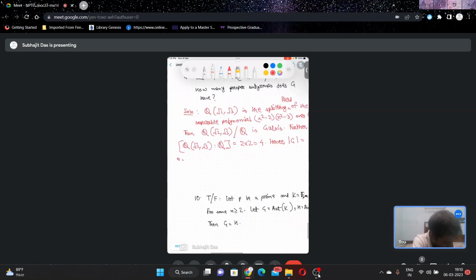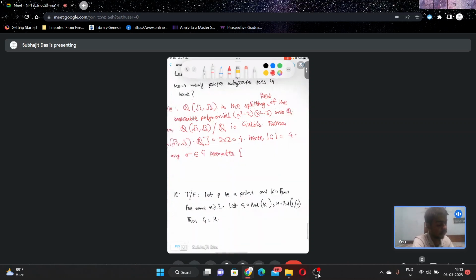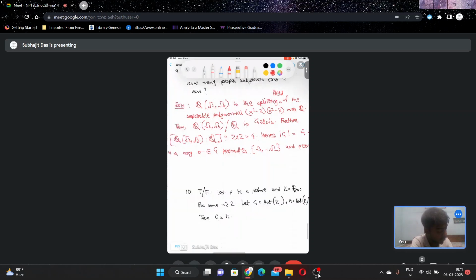Now any sigma in G permutes or acts on root 2, minus root 2, and permutes root 3, minus root 3.